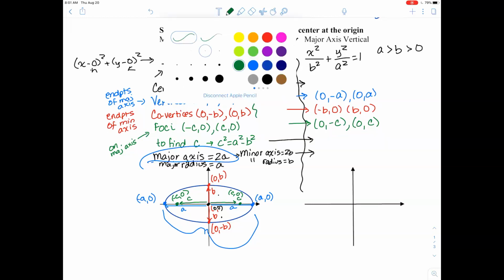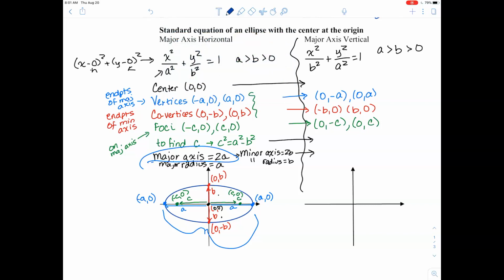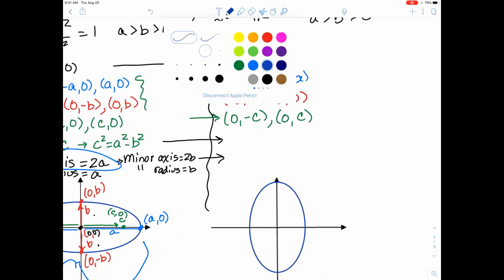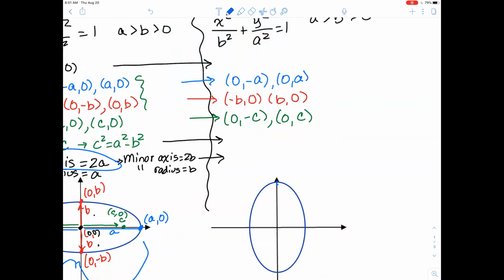Okay? But now when we go to graph our ellipse, it's going to be taller than it is wide. So it's going to be long and tall and skinny. Okay? So it would look more like that. And I'm going to zoom in here so that we can identify. I'm going to grab my blue pen and we're going to look at our vertices here.